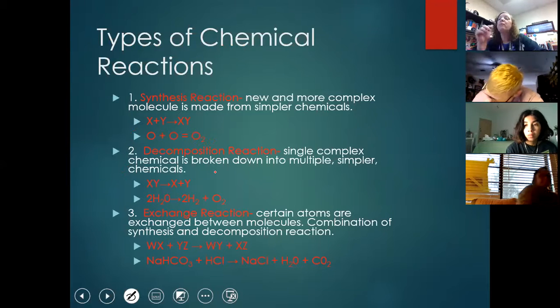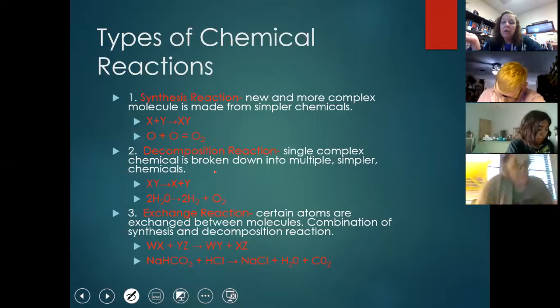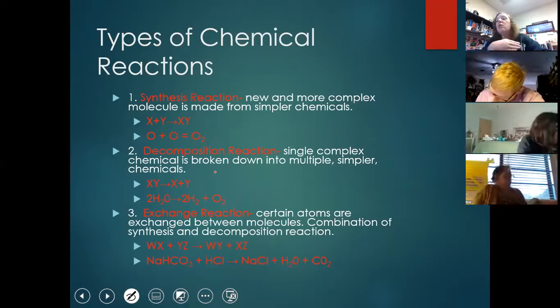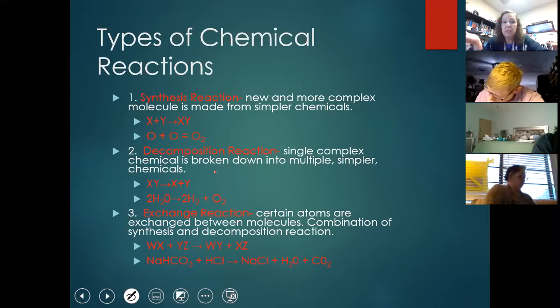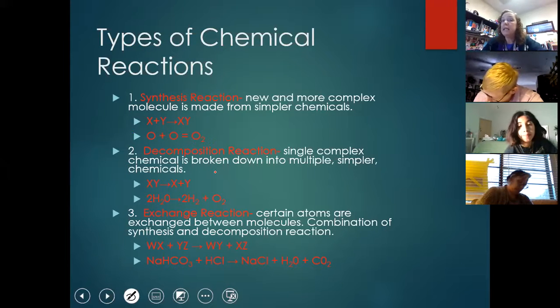All right, so we have 3 different kinds of reactions. We have a reaction where we're making something, a reaction where we're destroying something, and a reaction where we're both making and destroying something. That's it. Those are the 3 reactions. To create a new thing, the term for that is synthesis. If you are synthesizing stuff, it means your body is creating it.